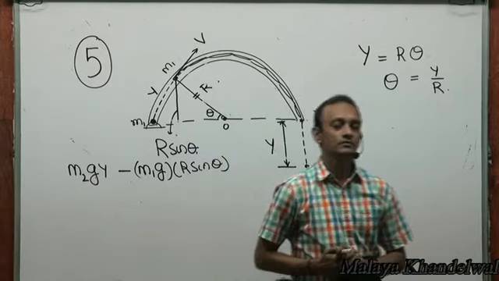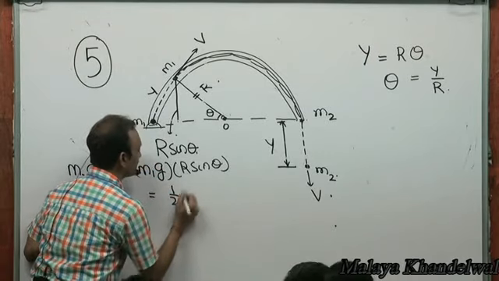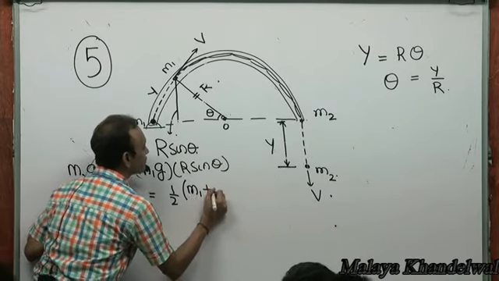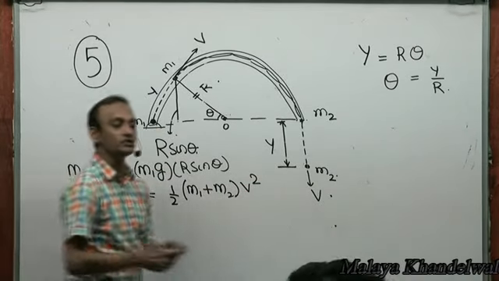That's the work done between the two states by external forces acting on the system, right? And this in turn must be equal to change of kinetic energy. They start with zero kinetic energy, and by this time they would have developed a kinetic energy. That's the change in kinetic energy.